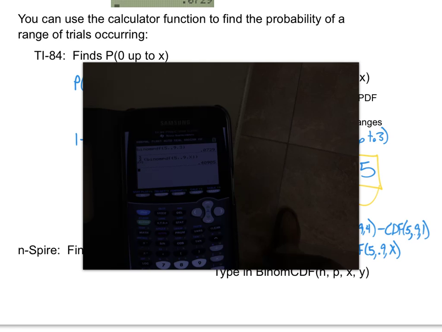Okay? So now I can hit Enter, and you see it pastes it there for me. And now I can hit Enter, and it's 0.40905. So I have about a 40.9% chance of hitting the target 2, 3, or 4 times.